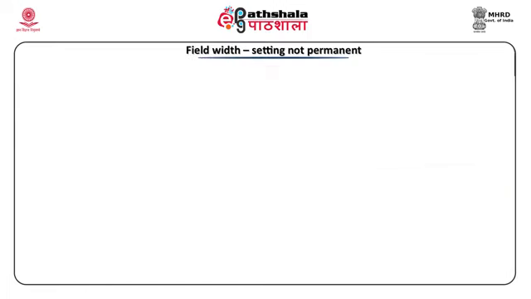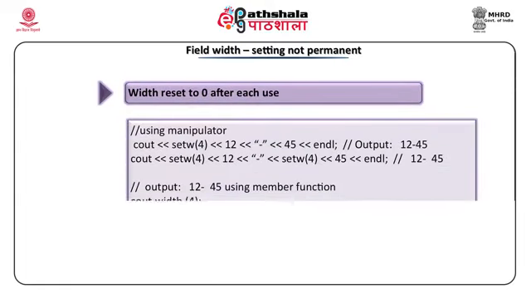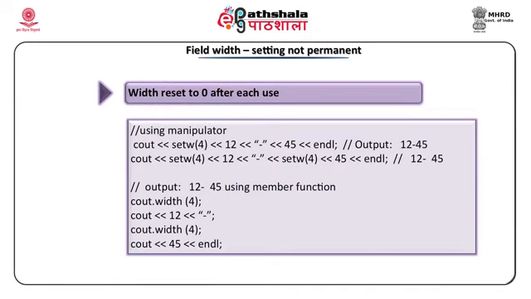In field width, whatever settings we specify are not permanent. That means after each use it is reset to 0, and therefore if we use cout << setw(4) << 12 << '-' << 45 << endl, in this case the output will be space 1 2 because 12 is to be displayed using 4 positions.